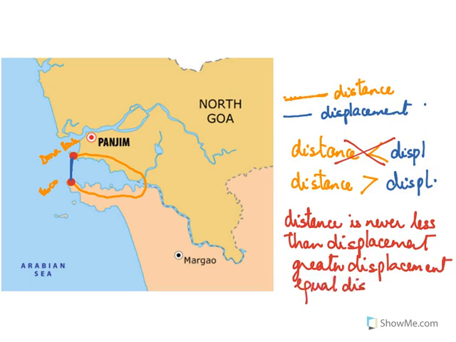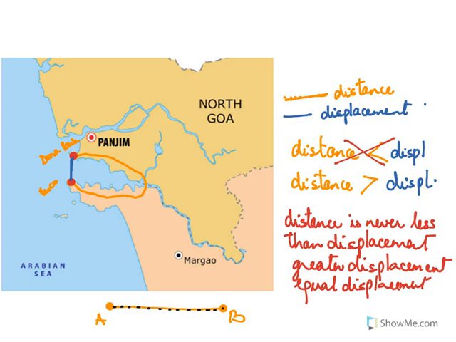Now when is distance equal to displacement? If you're moving along a straight path, say I come from position A and I'm moving to B along a straight path, I do not change my path at all. I just go straight down like this.